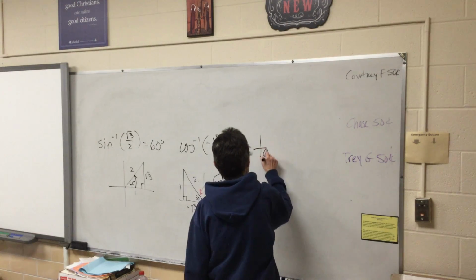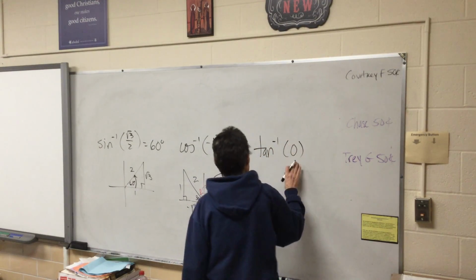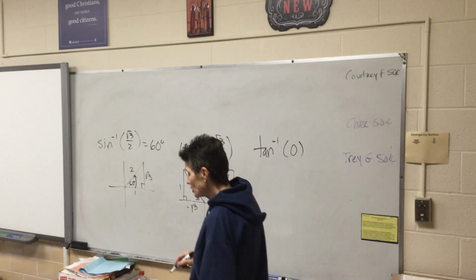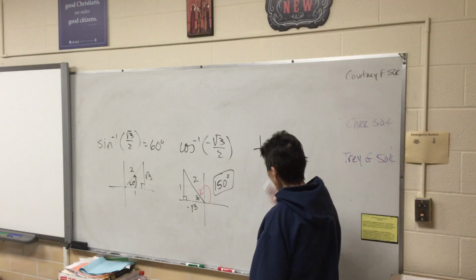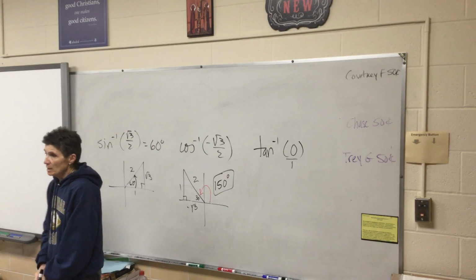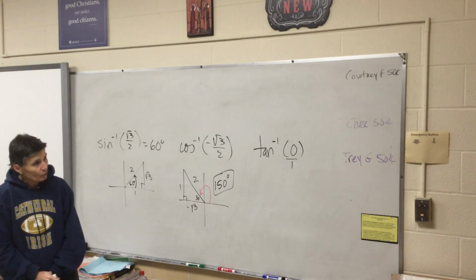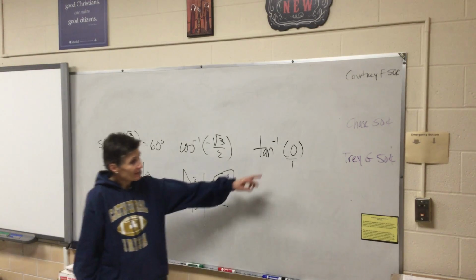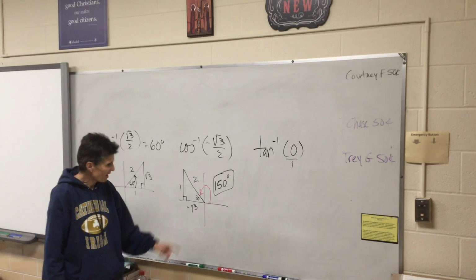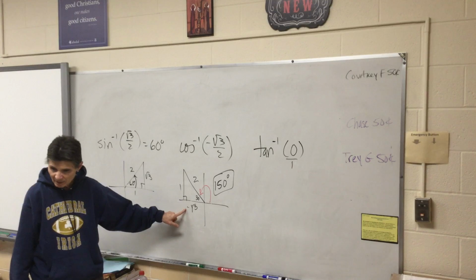This one is a little bit freakish because that number is a 0. Now I want you to think about that for a minute. If I tried to draw a triangle, tangent is opposite over adjacent, I'd have to have the opposite side being 0. Can I draw a triangle with a 0 here?